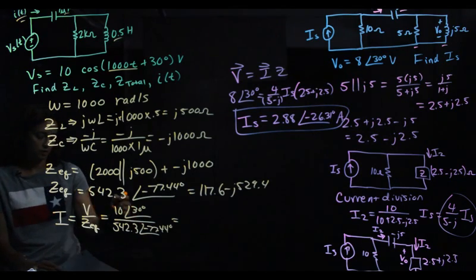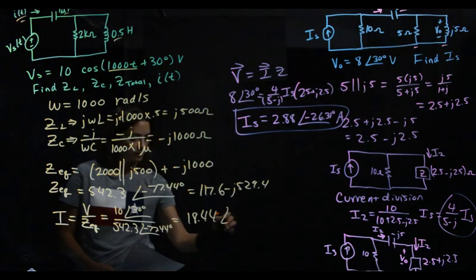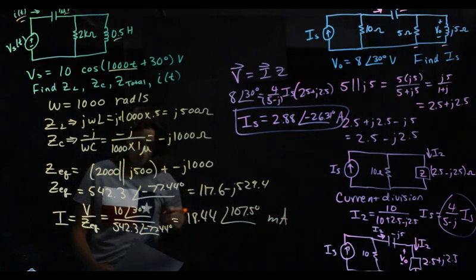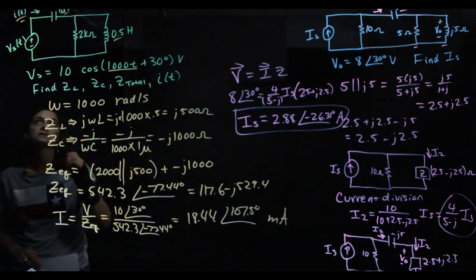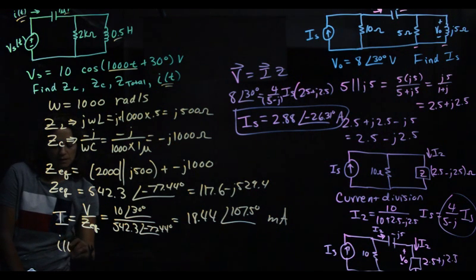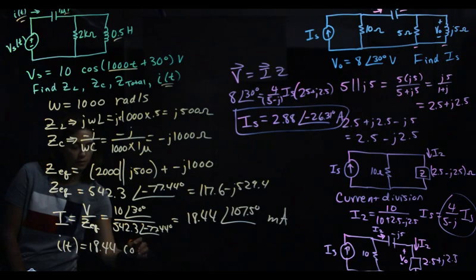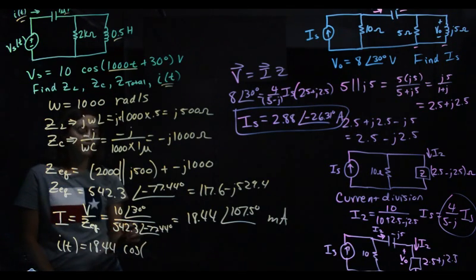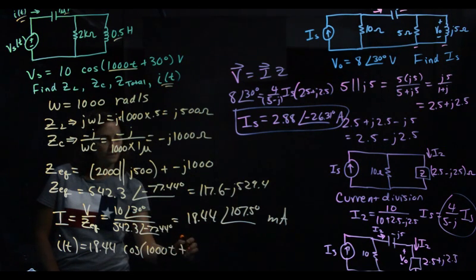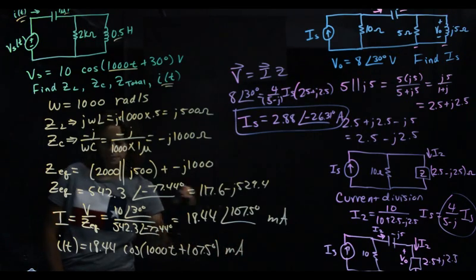Divide these, subtract these, 18.44 at an angle of 107.5 degrees milliamps. But they asked me for I of t, so I need to write that in sinusoid form, 18.44 cosine omega t plus the phi milliamps. And that's your answer.